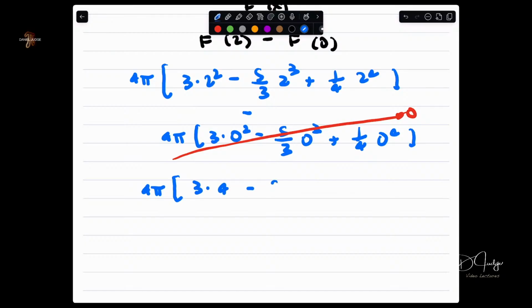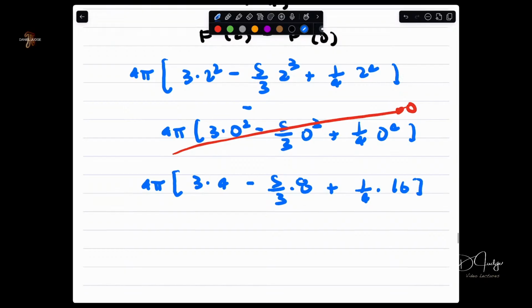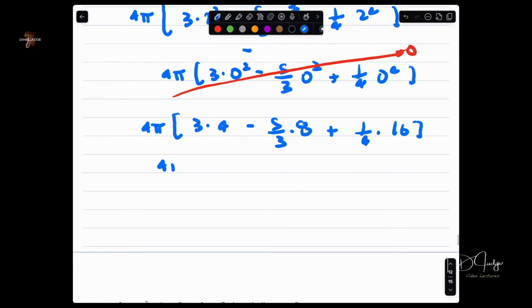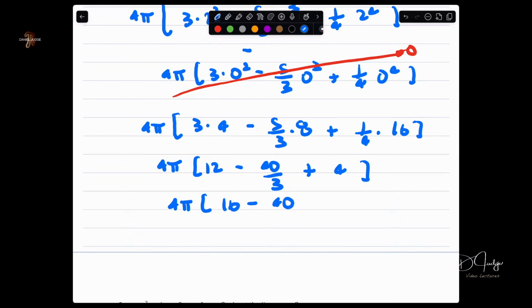Two squared is 4 minus 5/3 times 8, okay, plus 1/4 times 2 times 16. So we're going to do some arithmetic here. 12 minus 40/3 plus 4. 16 minus 40/3.